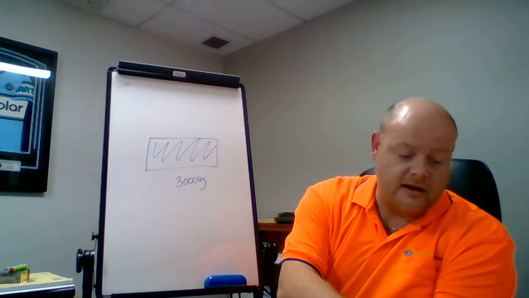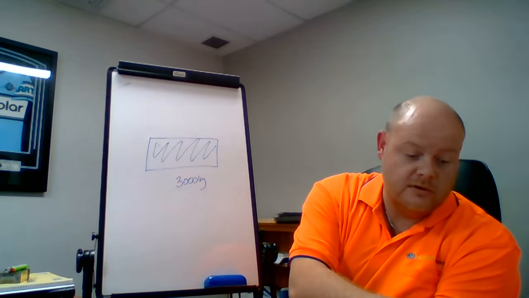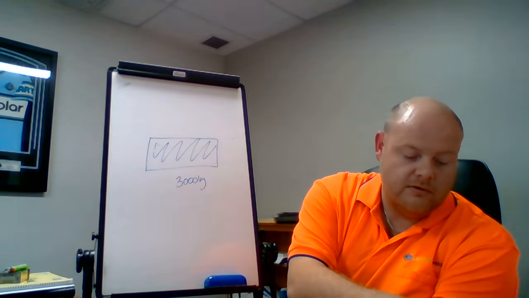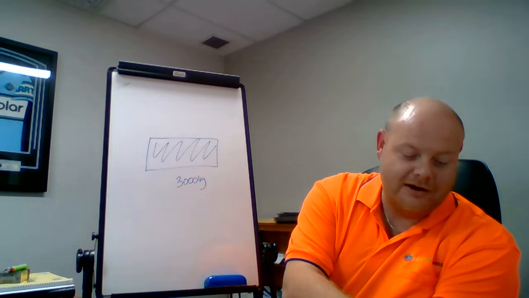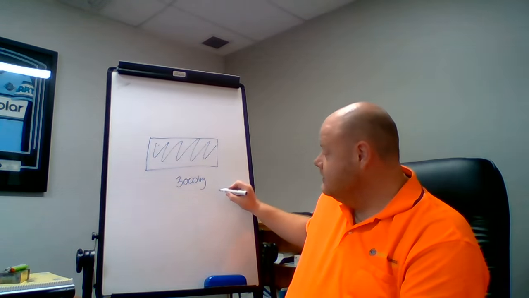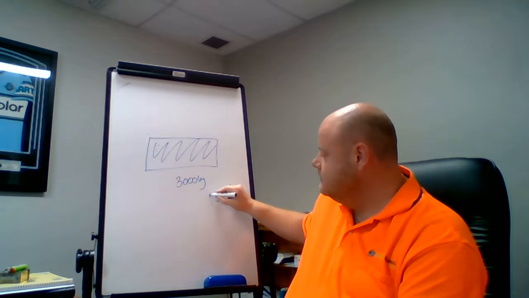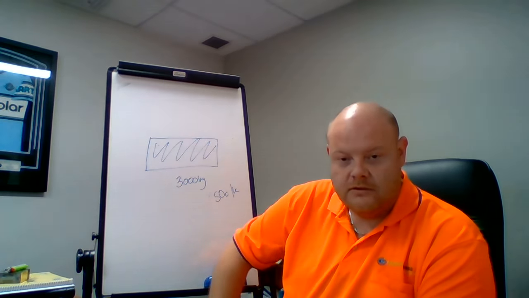Now we could work that out and go $1,500 divided by 22,000 kilos. Sorry, $1,500, I'm just testing you, divided by 3,000 kilos means it's actually 50 cents a kilo. So what's the right charge?